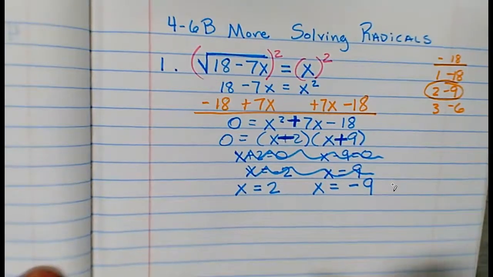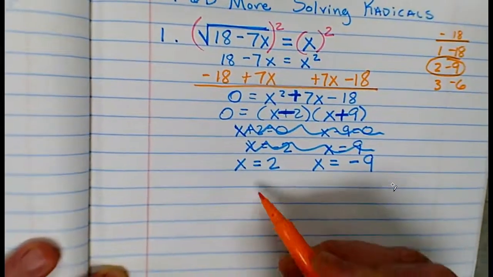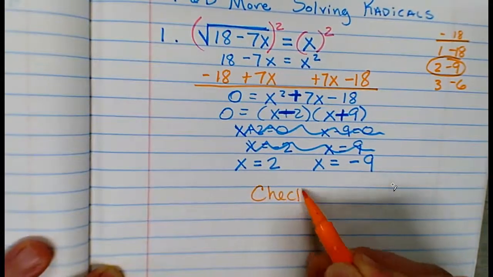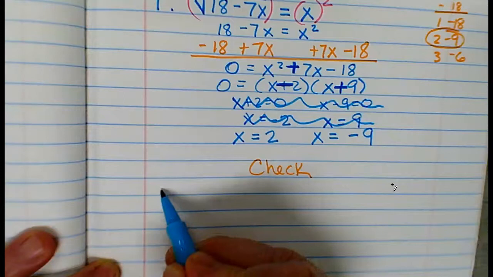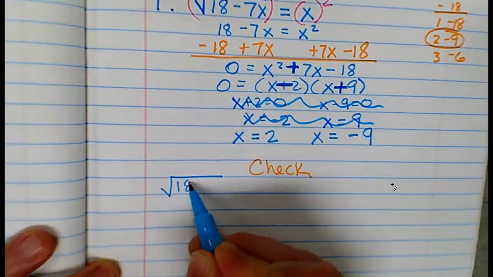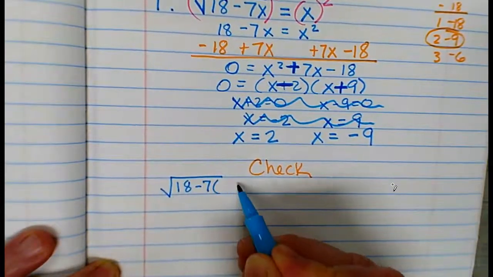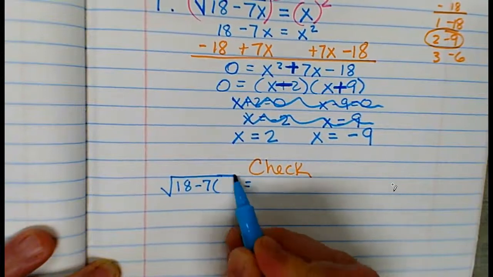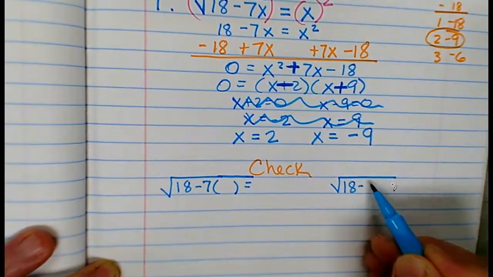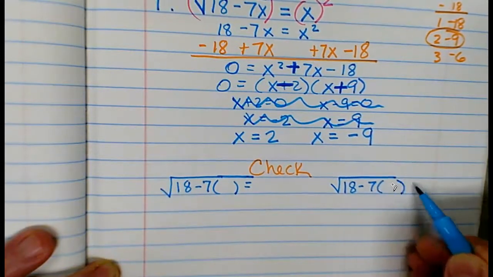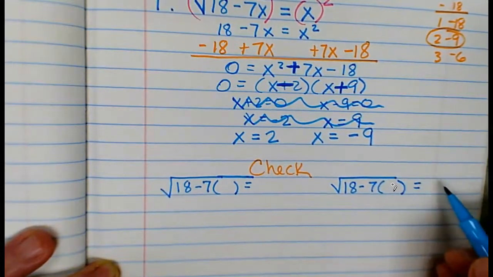And when I have two answers, I need to have two checks. I need to go back to the original problem and I'm going to have to check it 2 times, one for each answer.